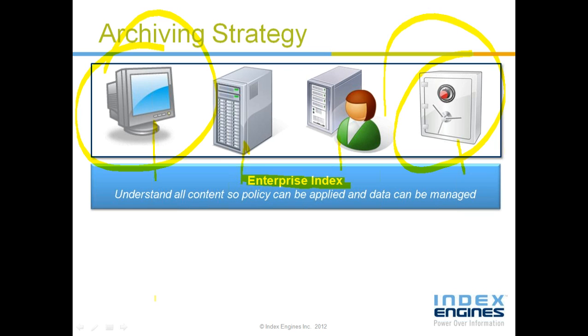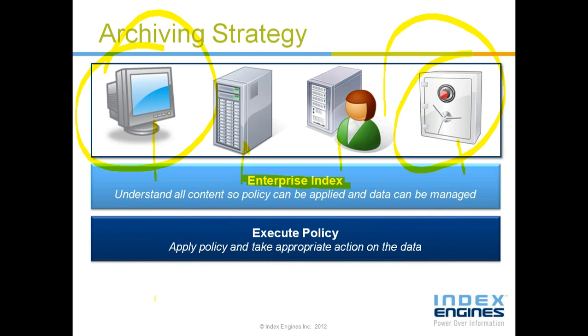And it really relieves a lot of our customers from that analysis paralysis that I mentioned in order to take action. So, creating that enterprise index allows you to execute an intelligent policy across the data.